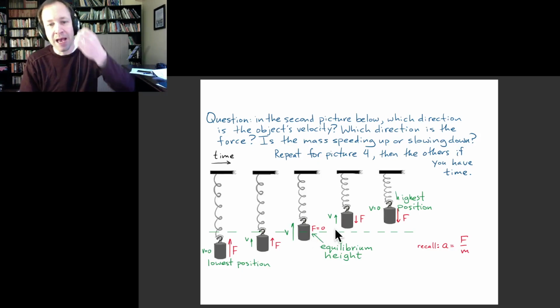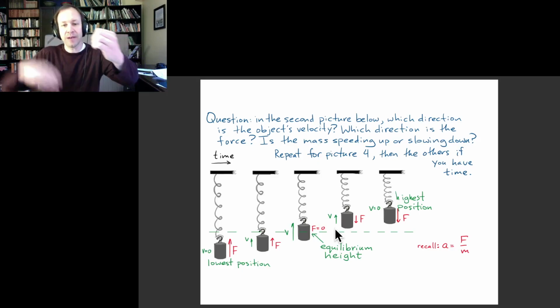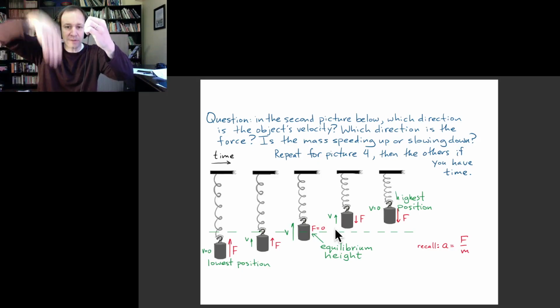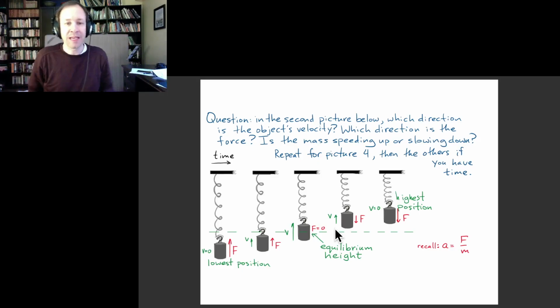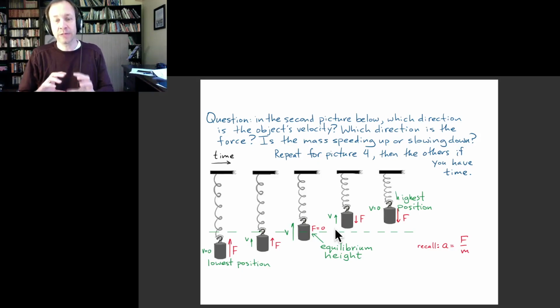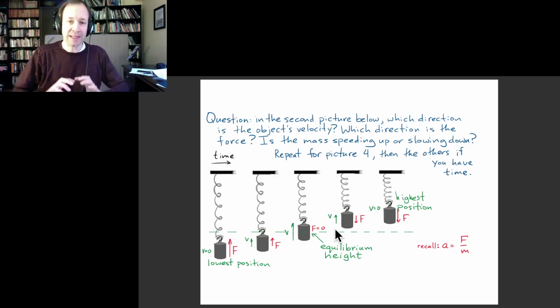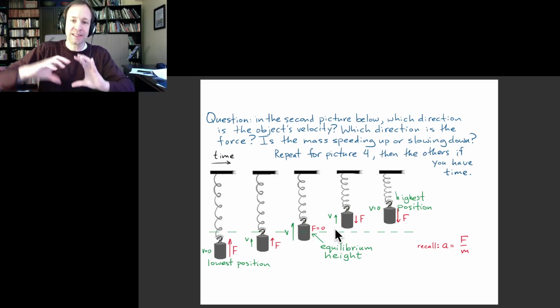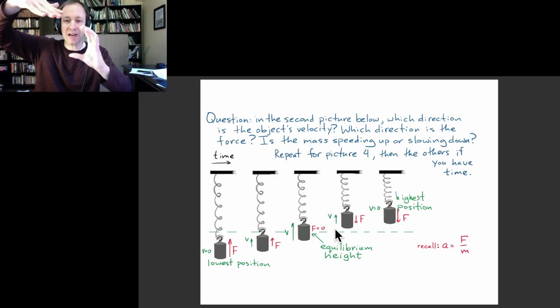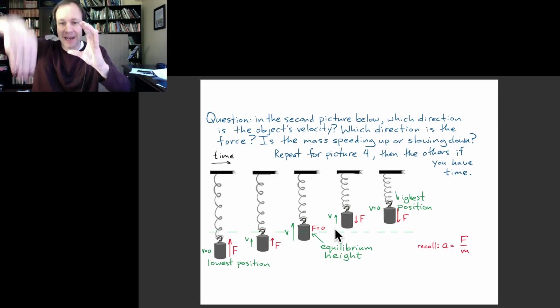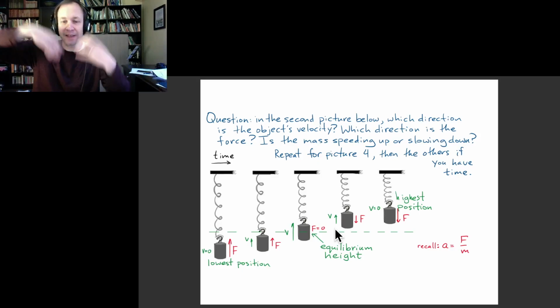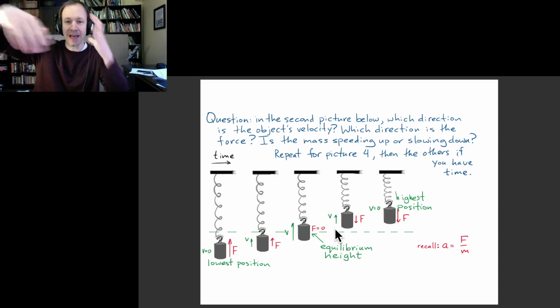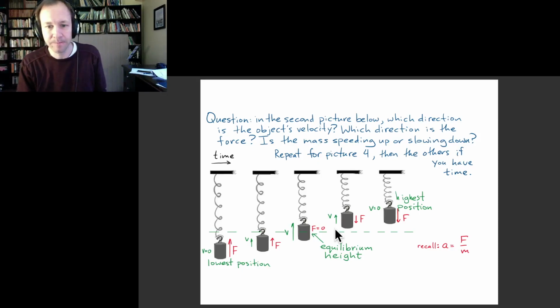And so as soon as it gets above the equilibrium height, now the forces are restoring forces that act downward. And so those forces then tend to slow down the object. And when you eventually stop, that's when you get to your highest position. It doesn't stay there forever because there's now still downward forces. In fact, that's the place where the downward forces end up being largest. Okay.